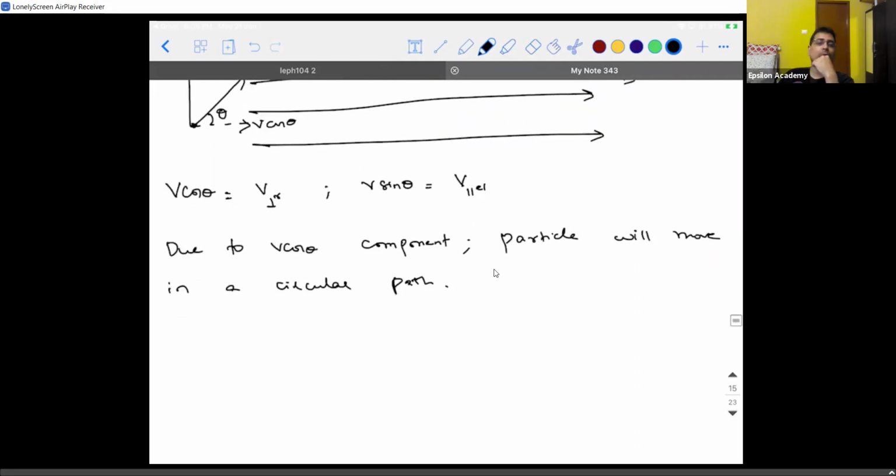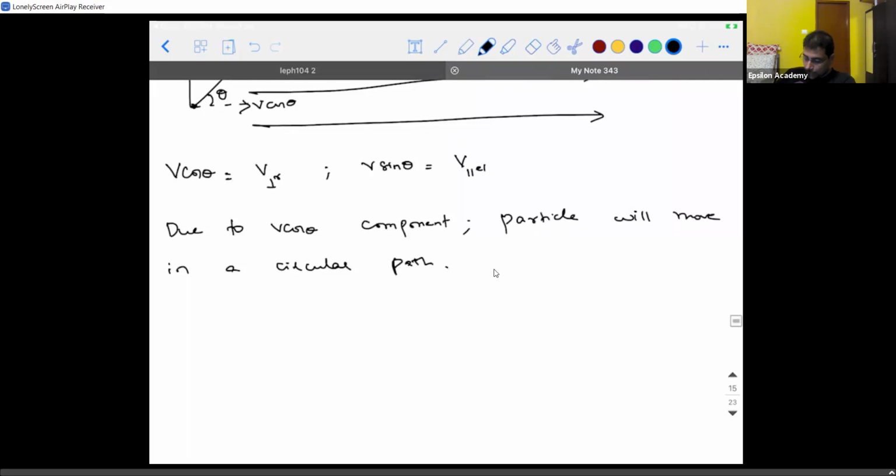Because the last concept told us when the velocity and the magnetic field are perpendicular to each other, the particle moves in a circular path, and the radius of the circular path will be equal to M into V divided by Q into B. Here I will write it as V perpendicular.